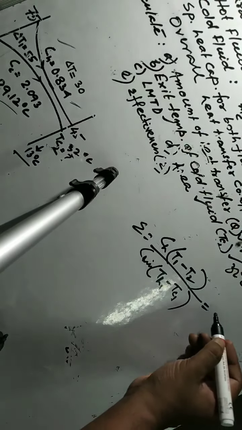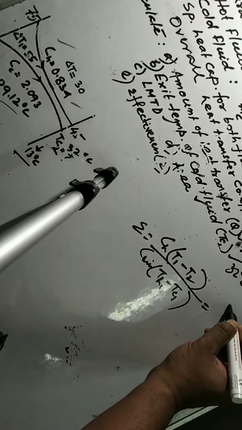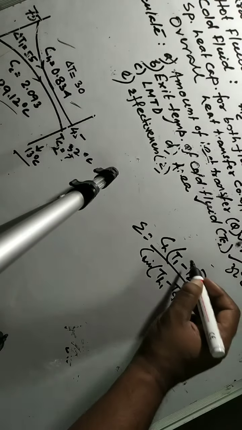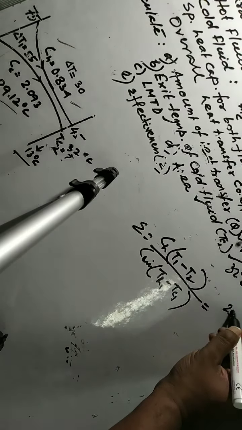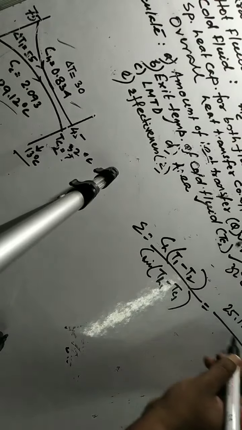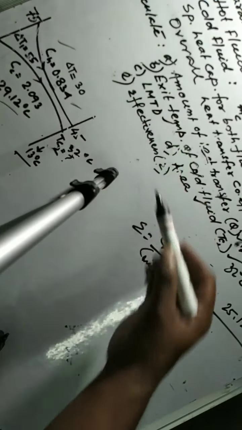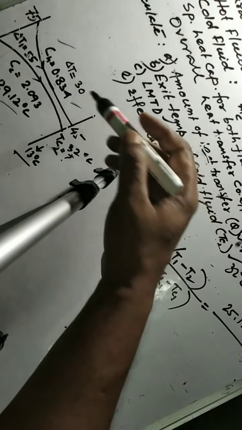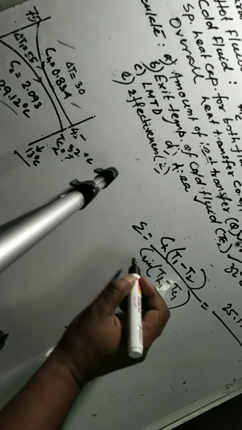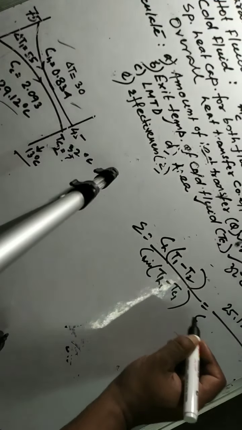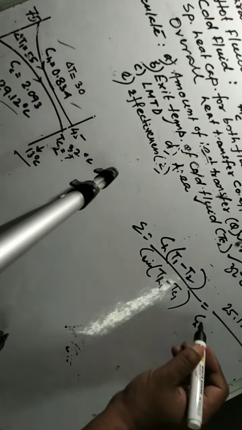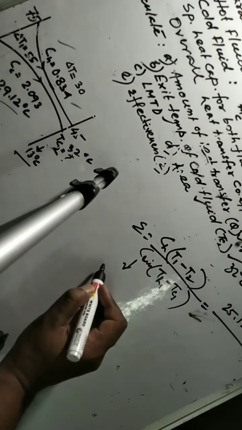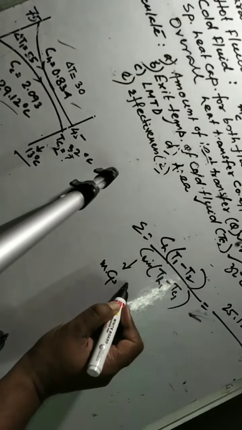So if you put the values, or otherwise you have already calculated this value, this is 25.122, and C_C, that is mass flow into specific heat capacity.